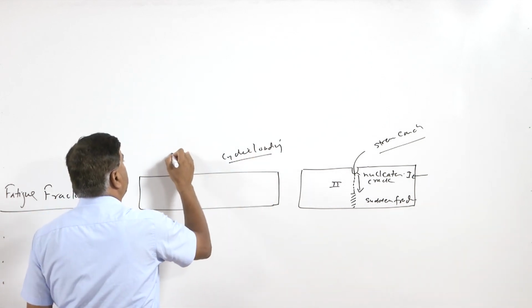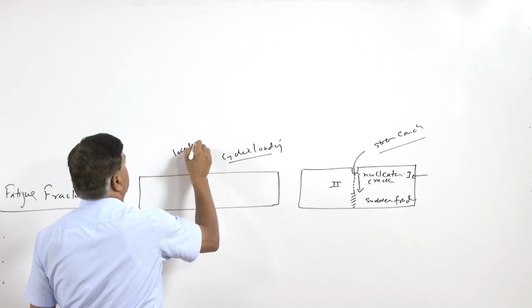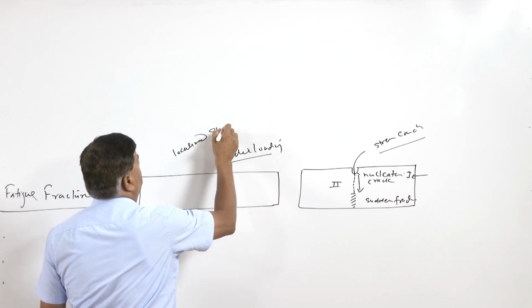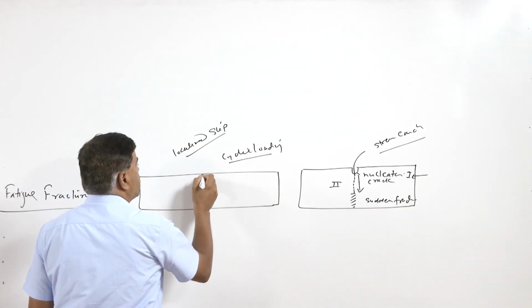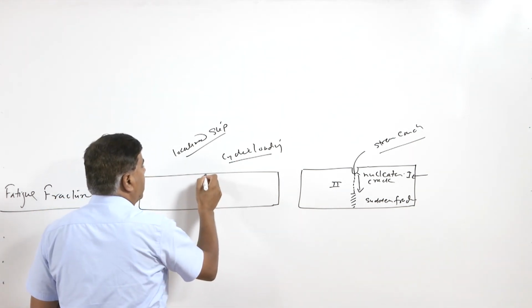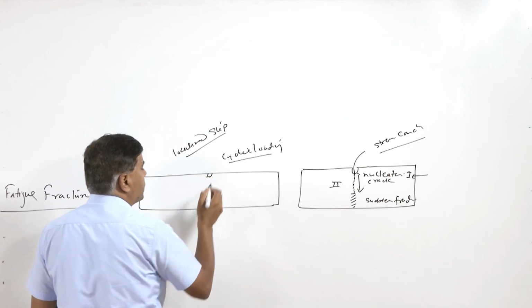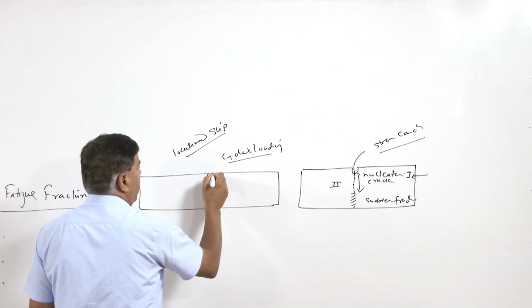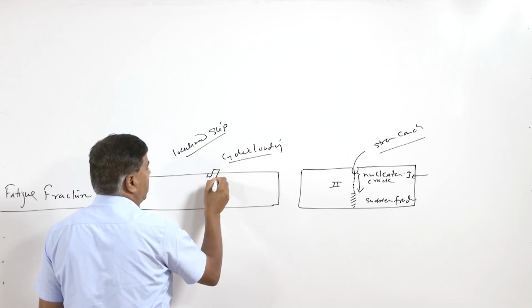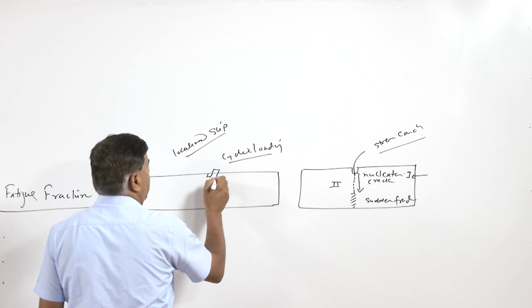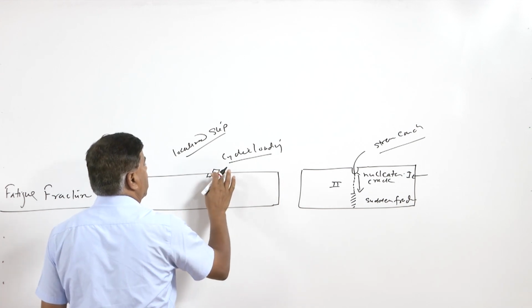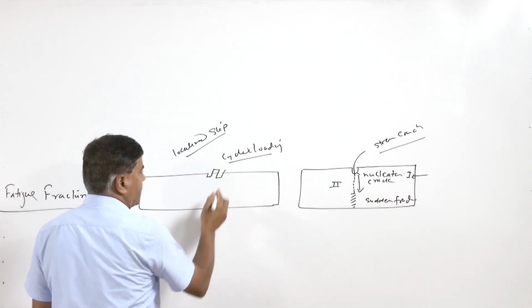due to the very localized slip which is taking place at the micro level, especially at the surface, it will be leading to the creation of the intrusions and extrusions at the surface. After a sufficient number of cycles of loading, these intrusions and extrusions lead to the generation of irregularities at the surface like this.